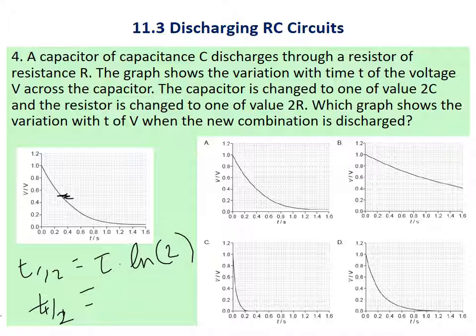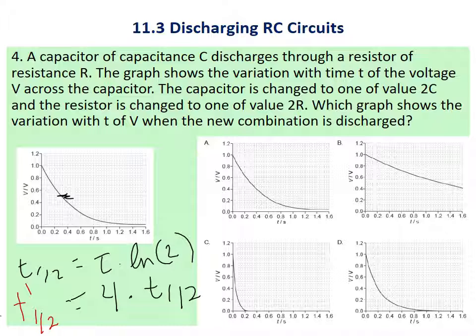So the new one, I'm trying to distinguish this. Okay, I'll use a different color. So t 1/2 prime, I'm going to say that's the new half-life, equals 4 times the original half-life.